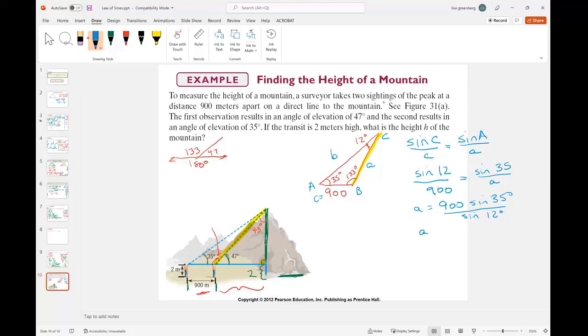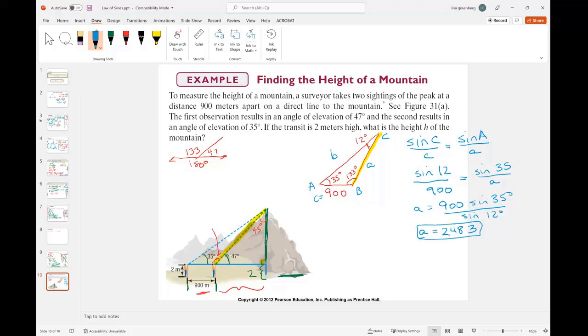so A equals 2,482.8. For the size of it, I think we can use the nearest integer, and that would be 2,483.